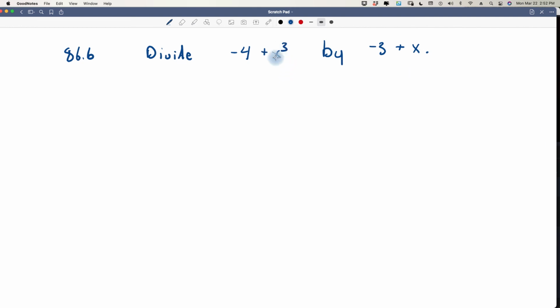All right, so we have an x cubed and a negative 4. We've got to put in some blank spaces. So x cubed plus 0x squared plus 0x minus 4. Okay, we had to fill in zeros for these two because we didn't have those places.